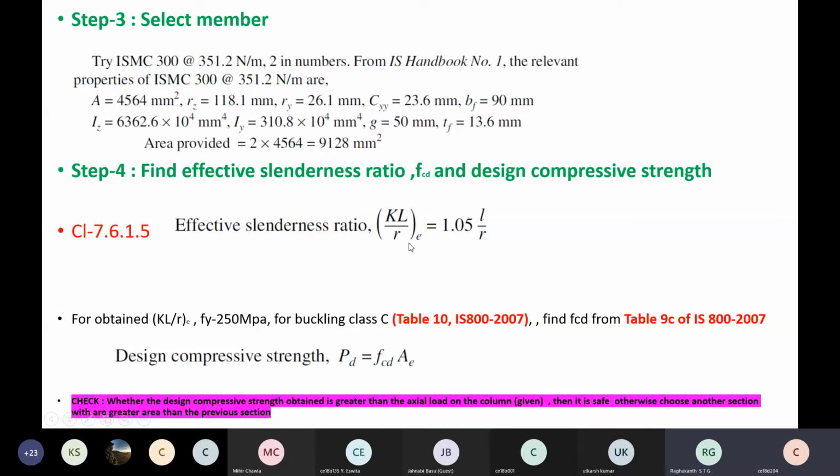For slenderness ratio 89, you have to find out fcd. They have given values for 80, 90 and so on, so for 89 you have to do interpolation. Calculate and tell us what fcd is.